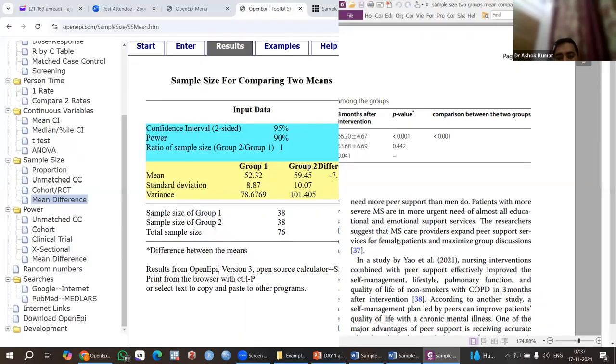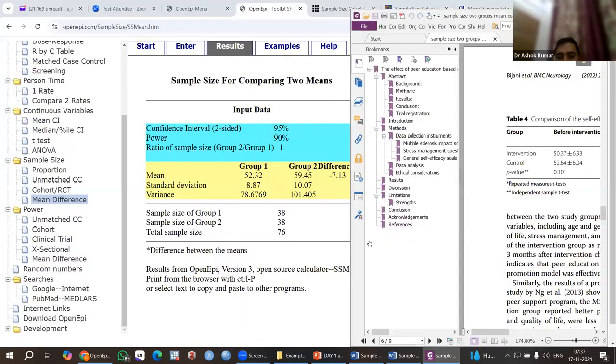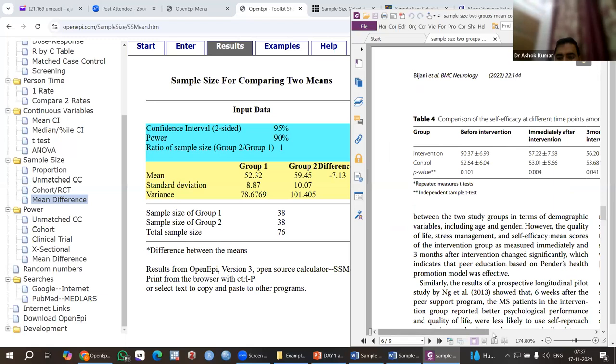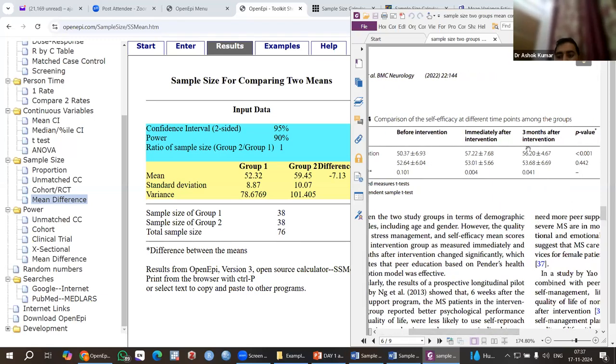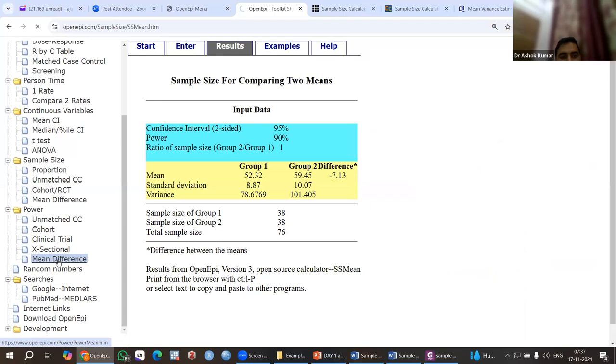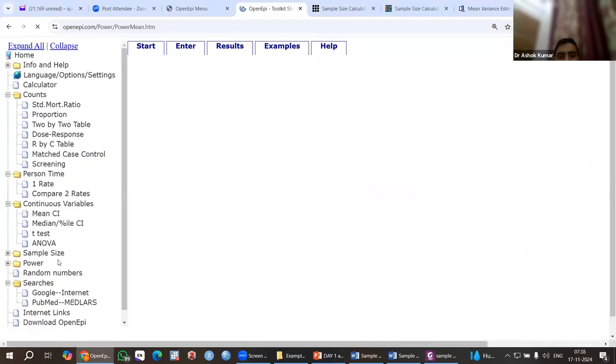So I have to bring this here: intervention group, control group, n equal to 45, 45. For mean difference, if I want to calculate power, I click mean difference in OpenEpi. I think it will take only 1 or 2 minutes, but it will take time to open. It always takes time. It is very good software.